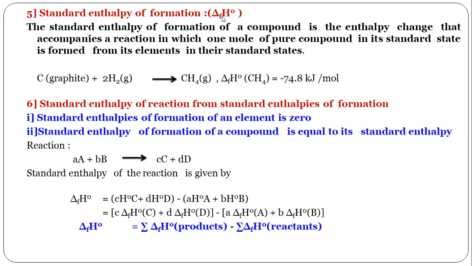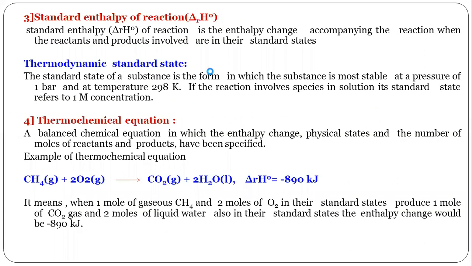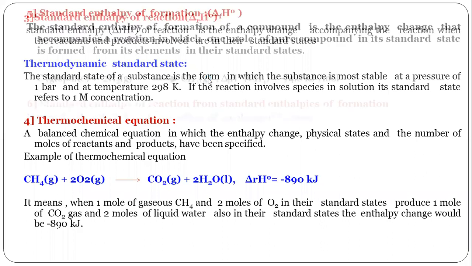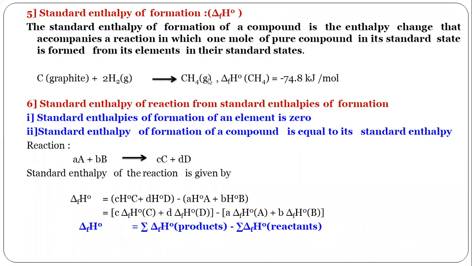The temperature is, see, these are the standard rates, means the temperature is 298 Kelvin, the pressure is 1 bar, and the concentration of the solution is 1 molar concentration. This is called a standard rate. So the enthalpy is determined at standard rate. It is called as standard enthalpies.